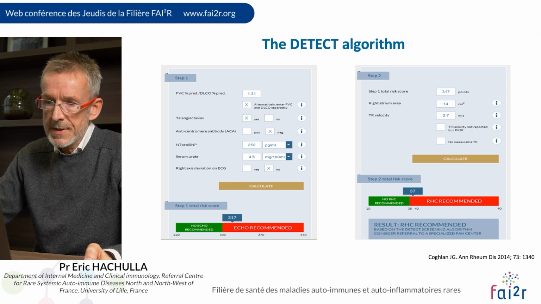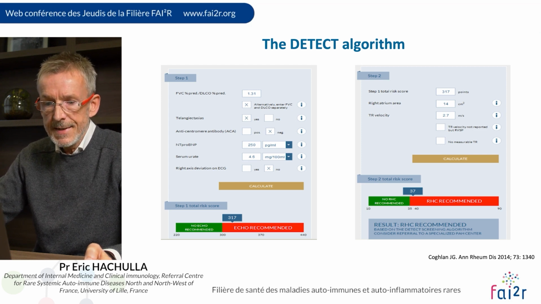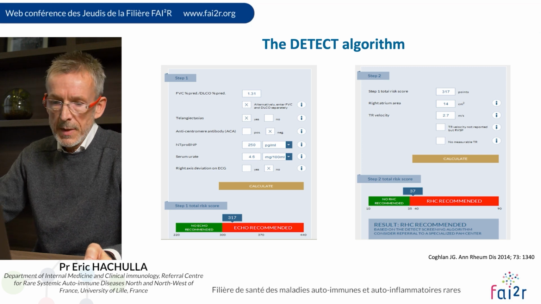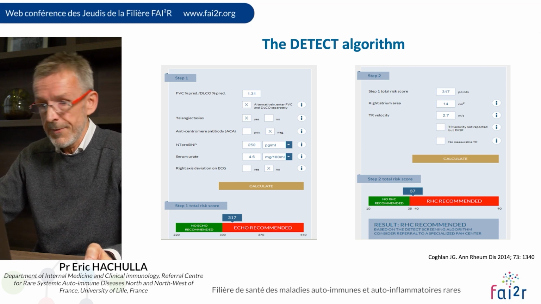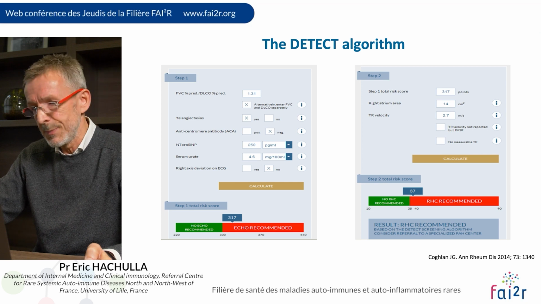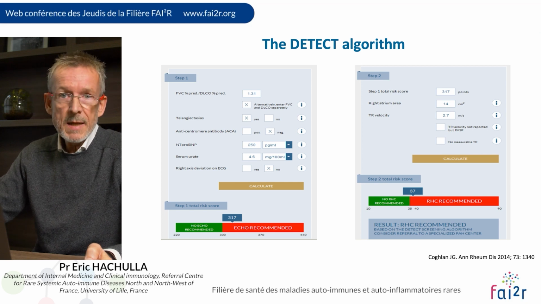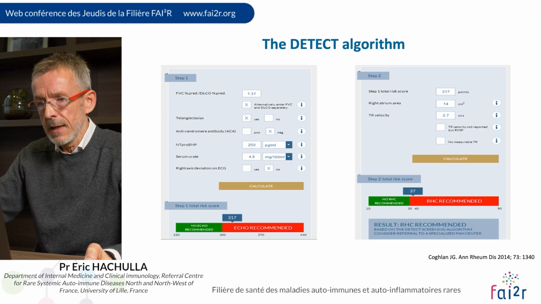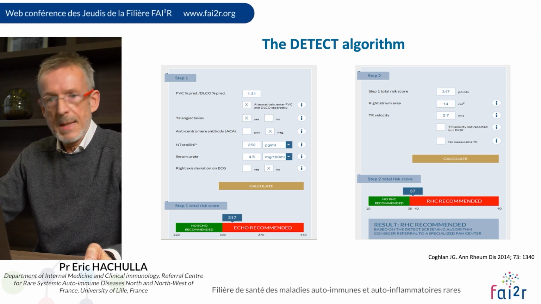And we use in that DETECT algorithm some pulmonary functional test data, some clinical data, some echocardiography data, with a step 1 and a step 2. In our department, we perform the DETECT algorithm in all patients yearly, with both steps.